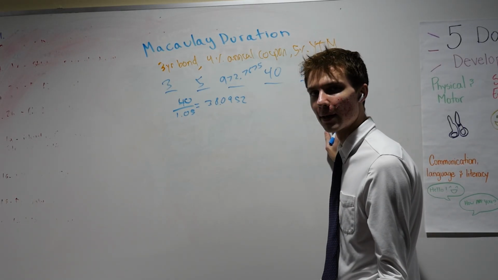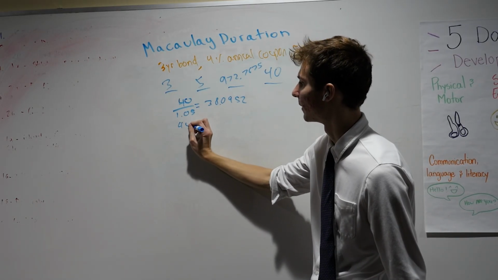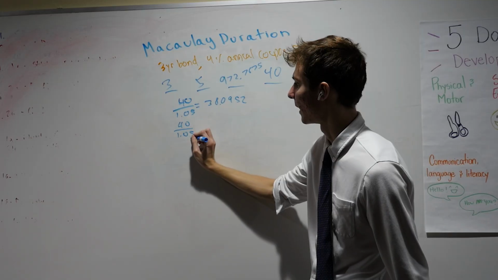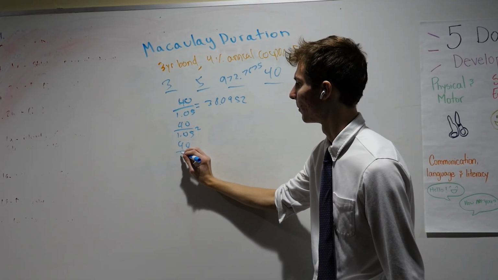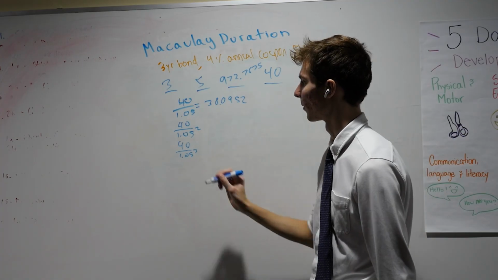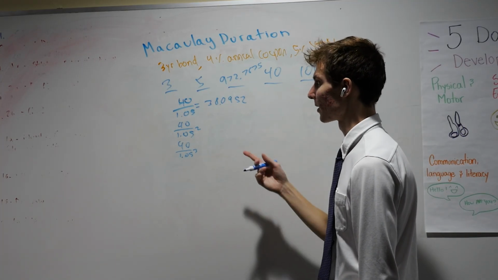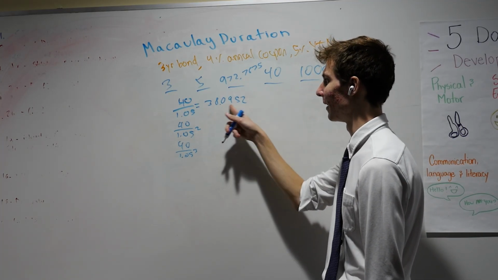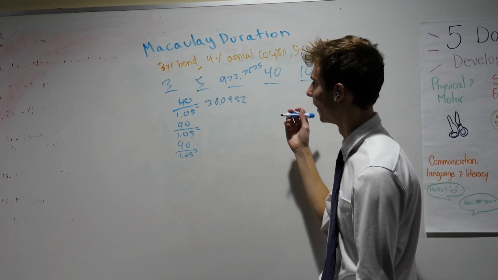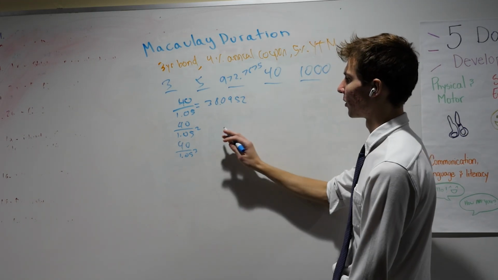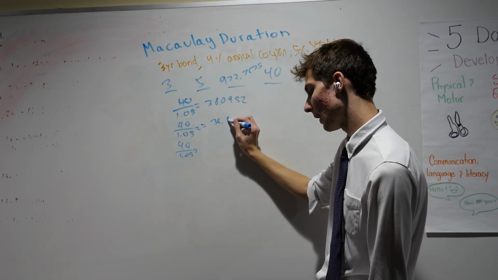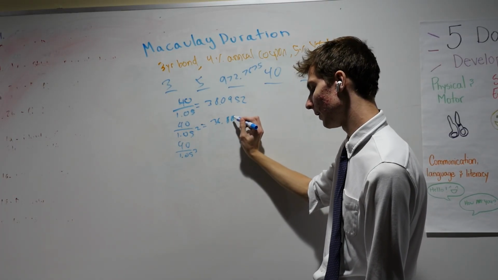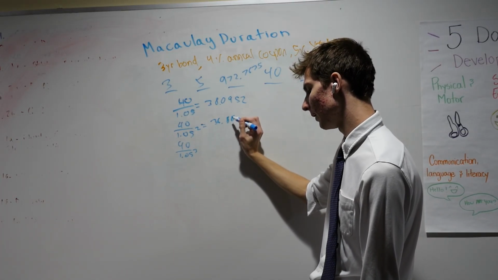Now you can do it several different ways. You can either do 40 divided by 1.05 to the second power, works as well. And then 40 divided by 1.05 cubed works as well. Me personally, I just like to grab that number and divide it by 1.05. You get the same exact answer. So for this one, you get 36.28. I believe it's 88.